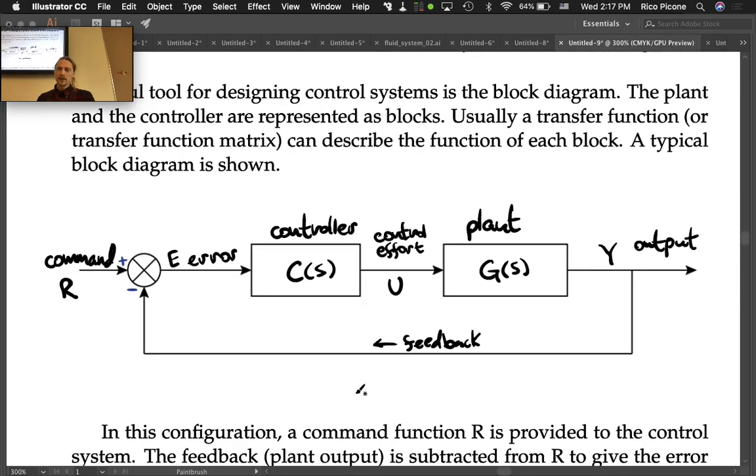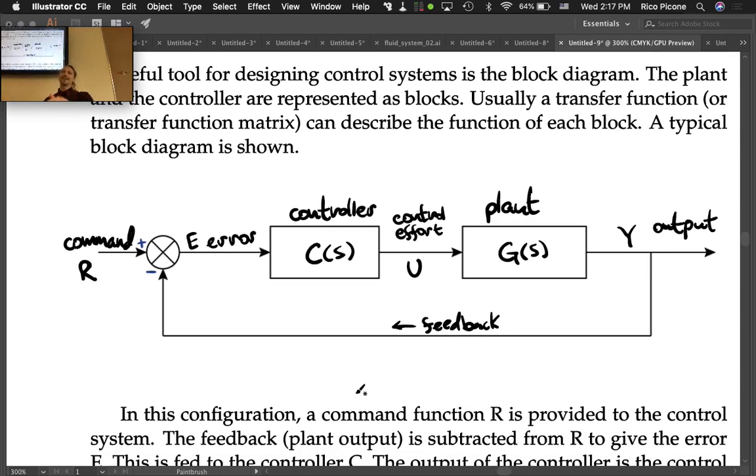The closed loop transfer function, you had a homework problem on this in system dynamics, but I didn't talk about it in class. The closed loop transfer function is defined as the output over the command. We would like the output to follow the command as closely as possible.